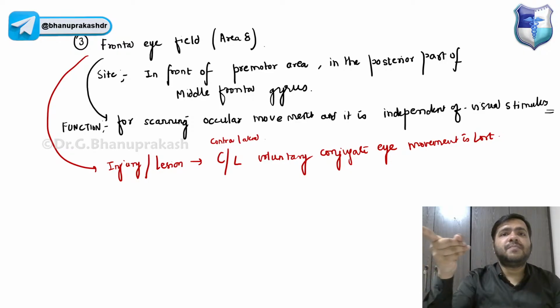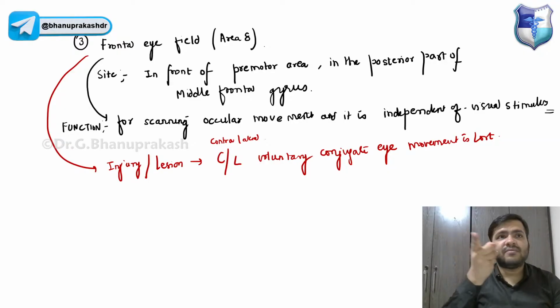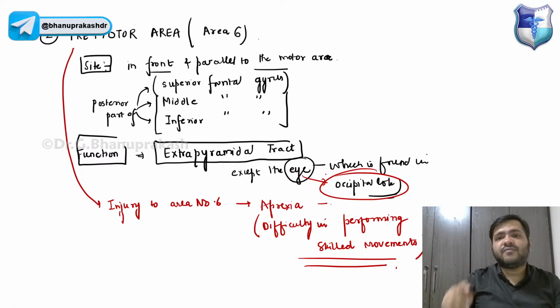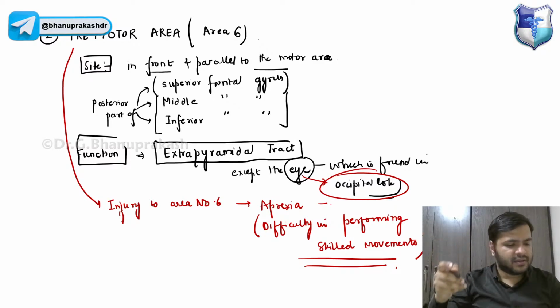Now again, if I test the pursuit of the eye, it is normal, guys. The pursuit movement of the eye is very much normal. The pursuit movement like this is basically controlled by the occipital lobe. We have already discussed this.